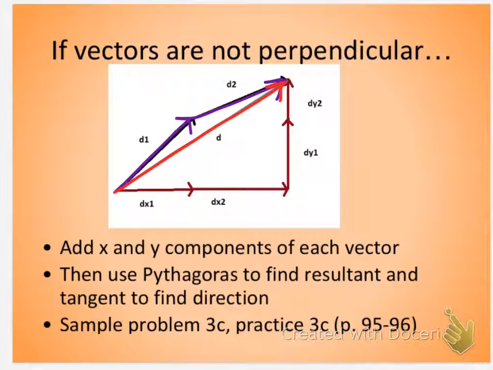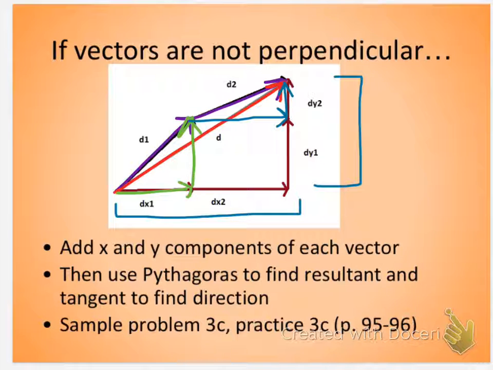But to find that, what I have to do is construct two other little triangles and find the overall x displacement and the overall y displacement. This all works on the idea that we can move vectors perpendicular to one another. So we're really just building multiple triangles here and then building big overall triangles.